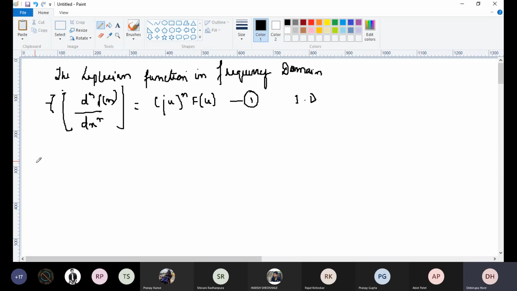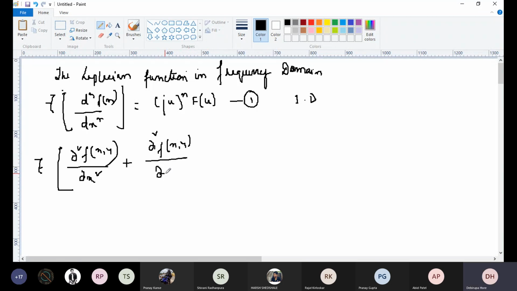So for 2D, if you take a Fourier transform of a second order derivative equation, that is f of x, y, along the x-axis as well as along the y-axis, that is d squared by dy squared, that will give you (ju) to the power n.